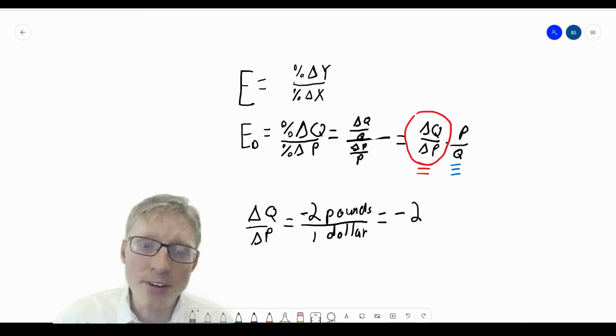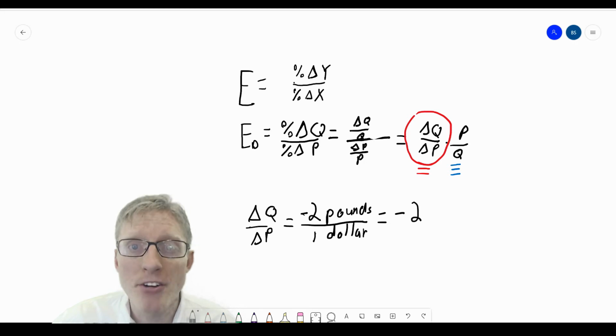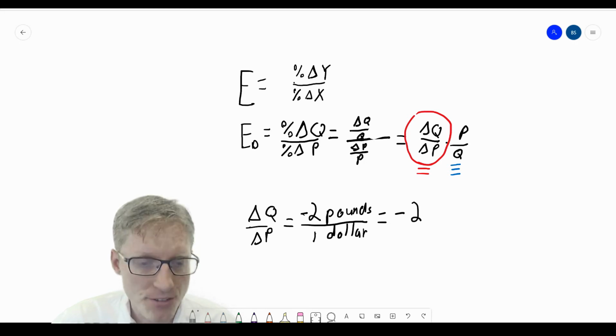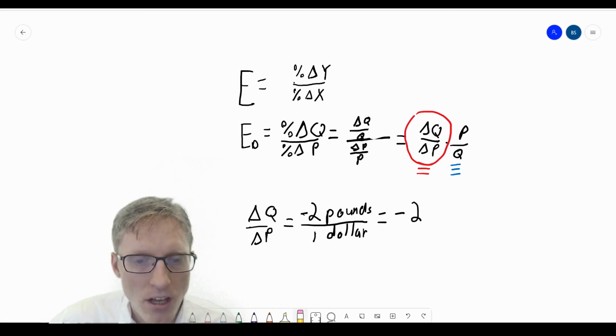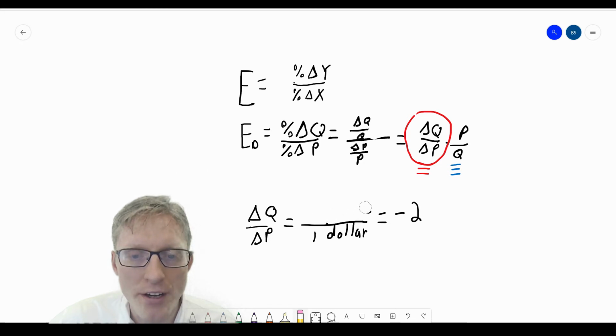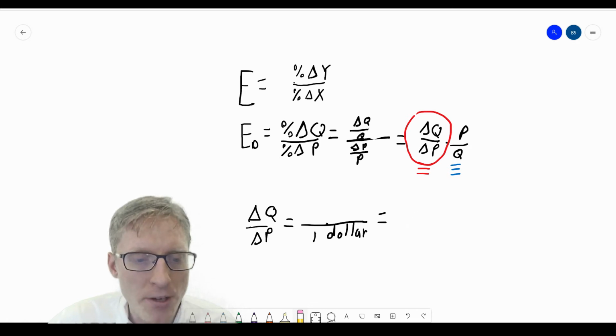But suppose for a second that rather than measuring the quantity in pounds, we measured it in ounces. Each pound is 16 ounces. So let me erase this here. If $1 reduces the quantity demanded by 2 pounds, that's equivalent to reducing the quantity demanded by 32 ounces.